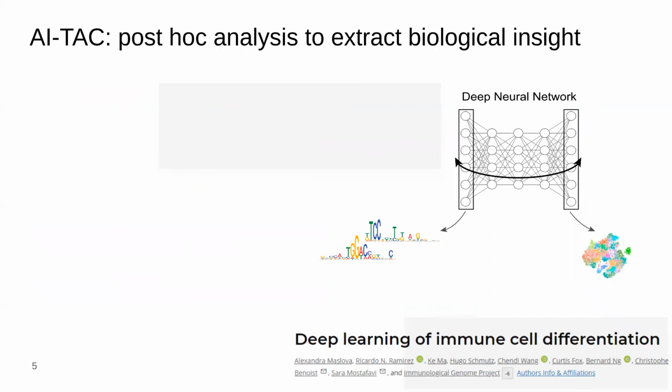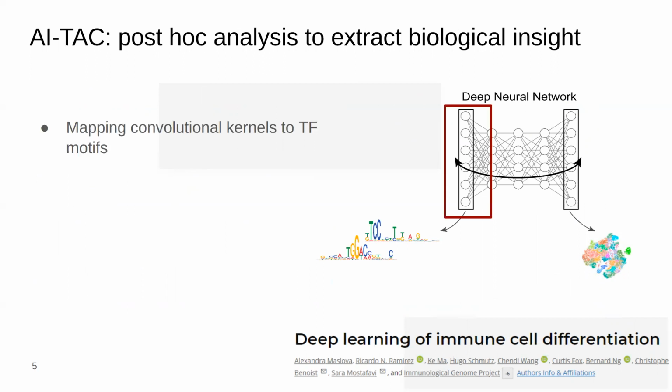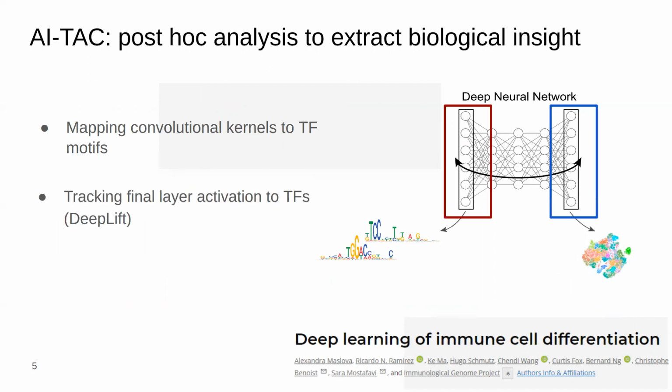So how do you go from a prediction model to biological insights? AI-TAC proposes to do it in several steps. You can map the initial convolution kernels to TF motifs. You can track the final vector activations down to the TFs using a propagation framework like DeepLIFT, which is what they used.